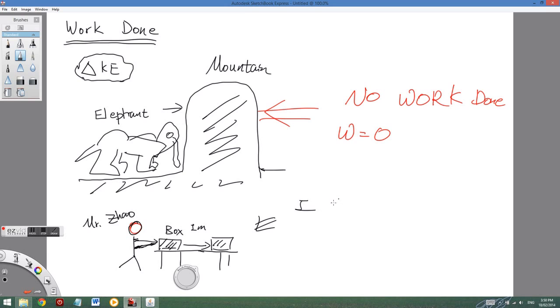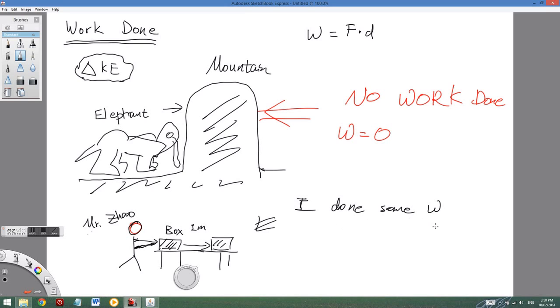So I did some work. Work done is calculated by force times the horizontal distance traveled. In this case, I could say that I did more work than the elephant, because the elephant had no work done, and I pushed the box over the table.